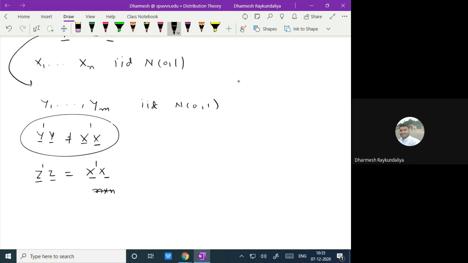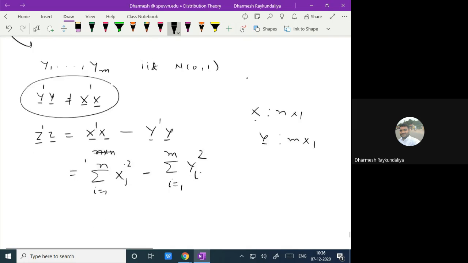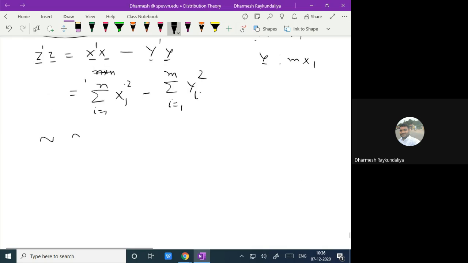That is, summation of xi square, where x is n cross 1 and y is m cross 1, minus y transpose y. That means summation i from 1 to n of xi square minus summation i from 1 to m of yi square.